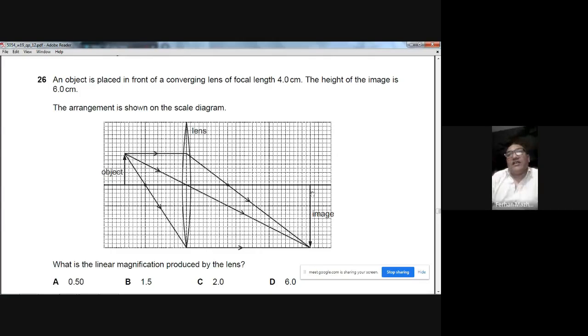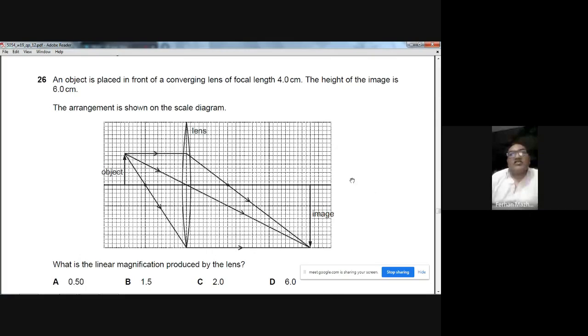So I can calculate it: 1, 2, 3, 4, 5, 6, 7, 8, 9, 10, 11, 12, 13, 14, 15. I'm counting the small squares. The height of the image is 15 squares. Height of the object, 1, 2, 3, 4, 5, 6, maybe 7.